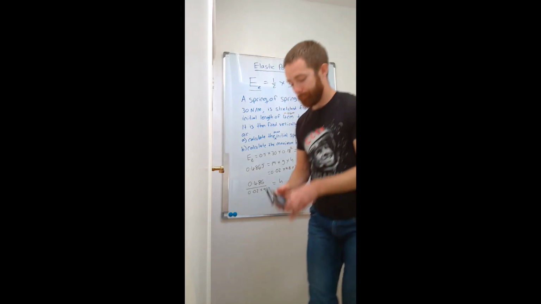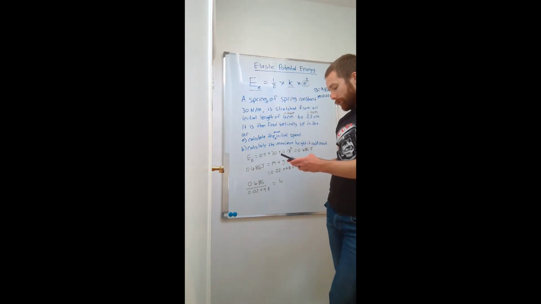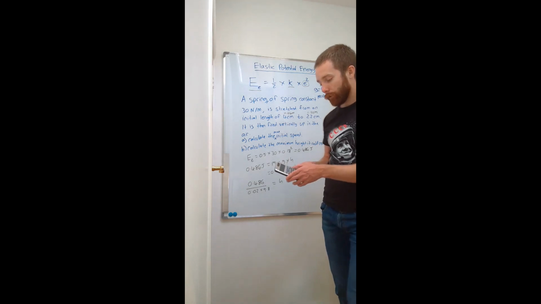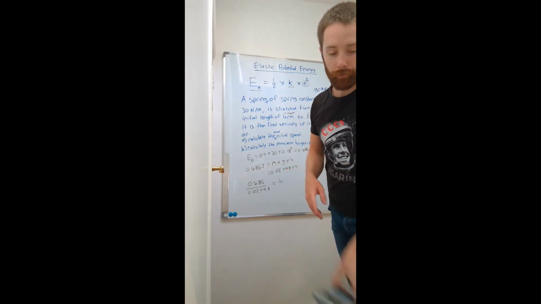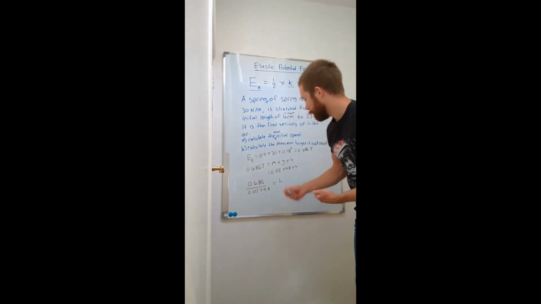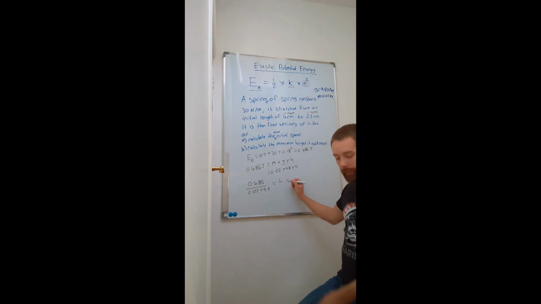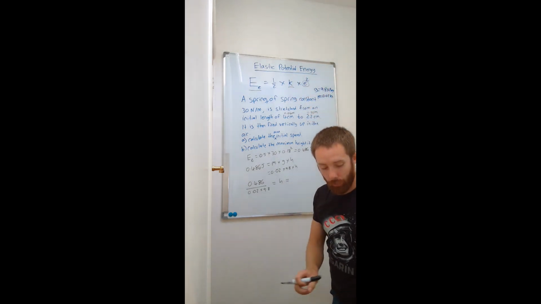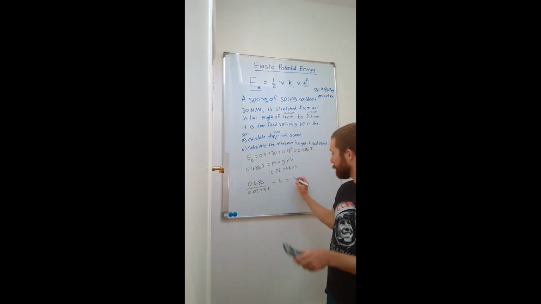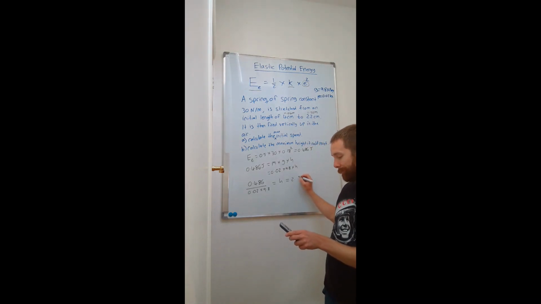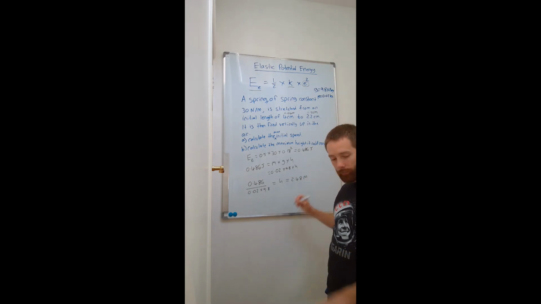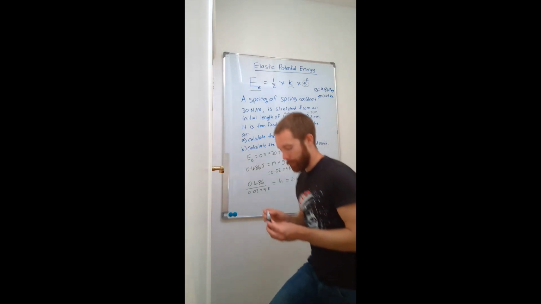We work that out. 0.486 over 0.02 times 9.8 equals 2.47959. So let's round that to, we'll do three significant figures like the last one. So this is going to be 2.48 meters. And it's as simple as that.